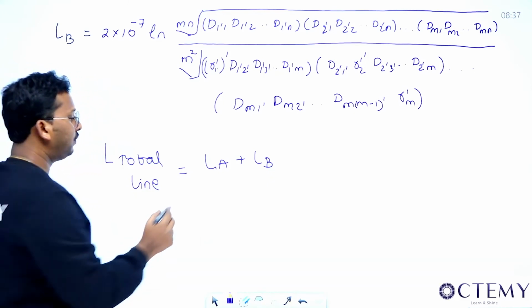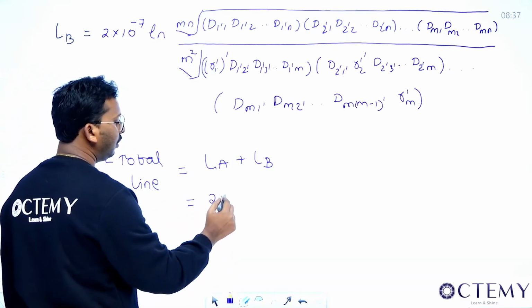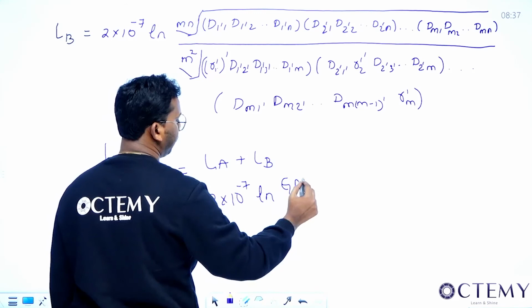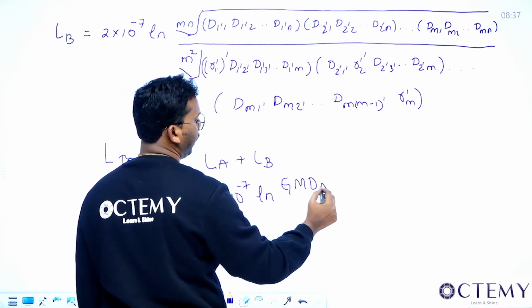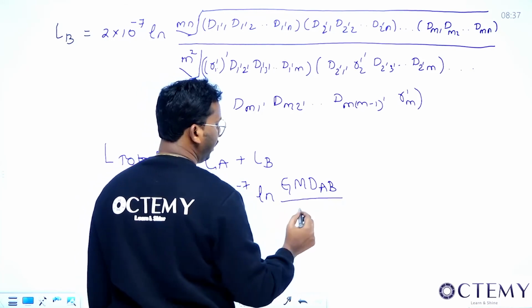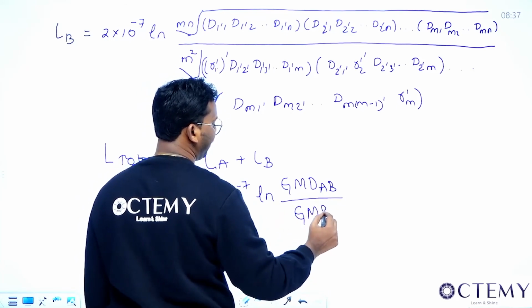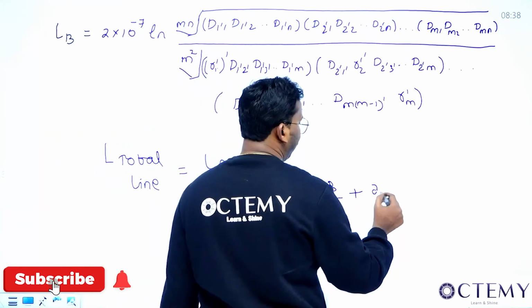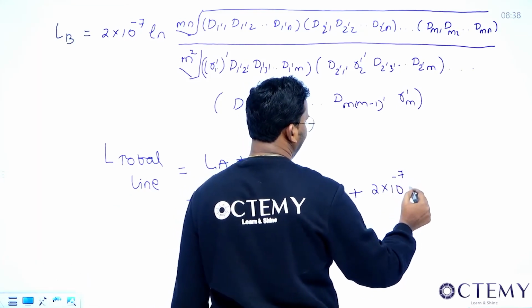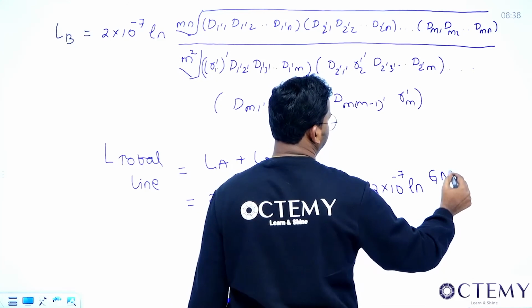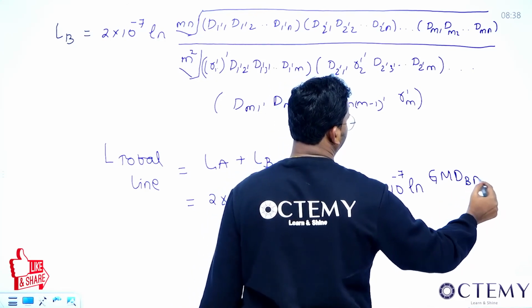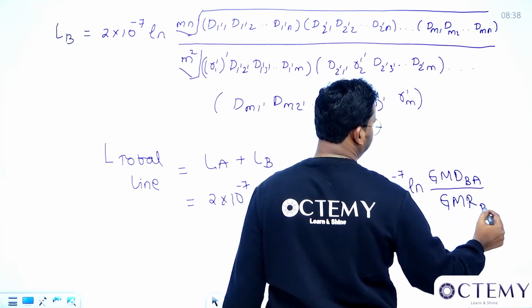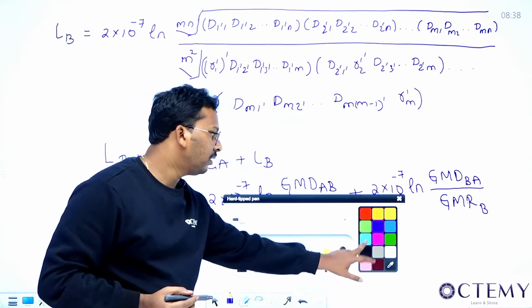Now if you write it in terms of GMD and GMR, so see sir, this will be equal to 2 into 10 power of minus 7 ln GMD between A and B divided by GMR of A, plus 2 into 10 power of minus 7 into ln the GMD between B and A divided by GMR of B, right? Now the final formula will be like this.